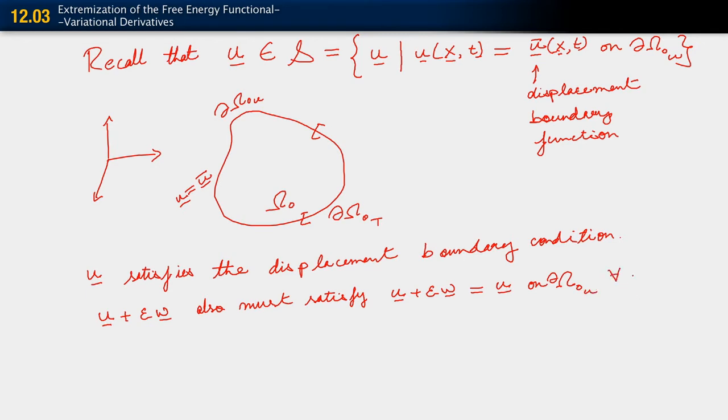Actually not for all W, it needs to satisfy it for all values of the scalar epsilon. Epsilon is a scalar. For any value of epsilon it has to satisfy it. But what does this mean? What this means is that W must be equal to 0, dead 0 on the displacement boundary.